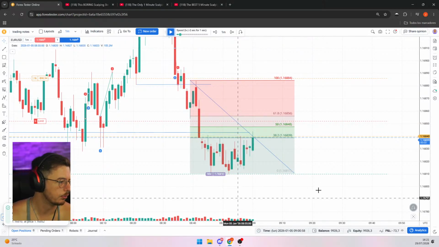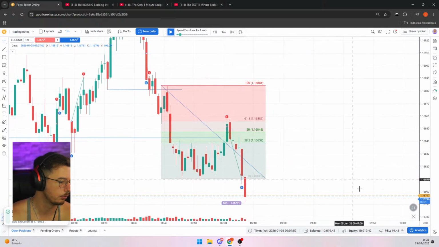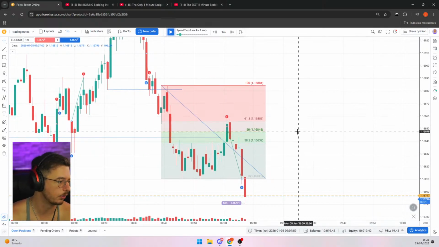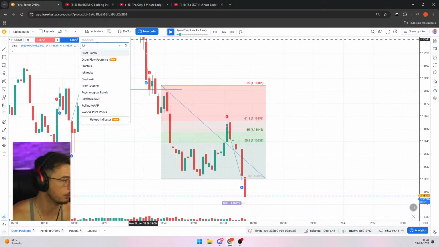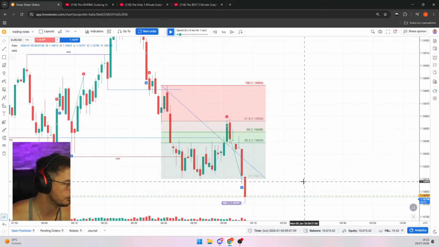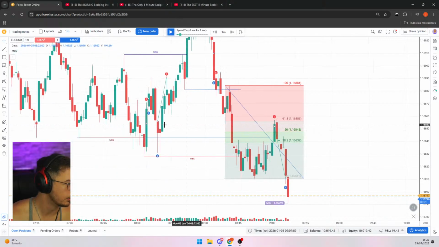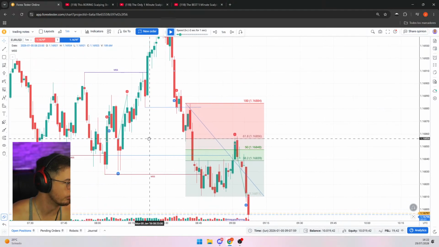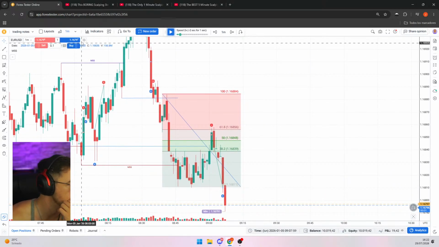Let's see if this trade comes back down again. Okay, there we go. Nice take profit there. Just now we are sitting on a $19 profit, so that's fine. And let's see if I remember we had an indicator like that. If I remember the name correctly, market structure shift. It's not marking out the ones that I actually see. At least this one.